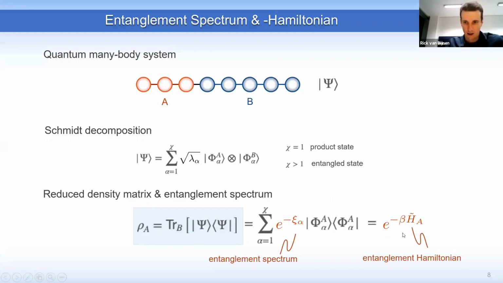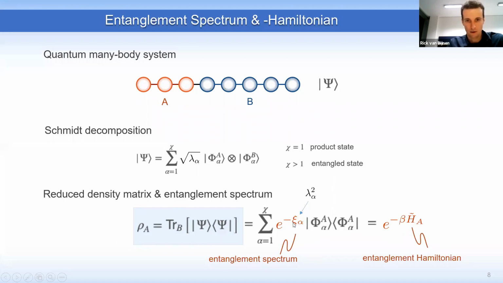And then, like I said already before, we can write this density matrix in terms of an entanglement Hamiltonian. The amplitude of each of the Schmidt components is given by the energies of this entanglement Hamiltonian exponentiated. This is called the entanglement spectrum, sort of the eigenvalues of the density matrix.